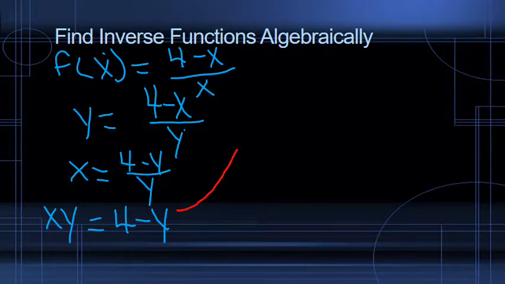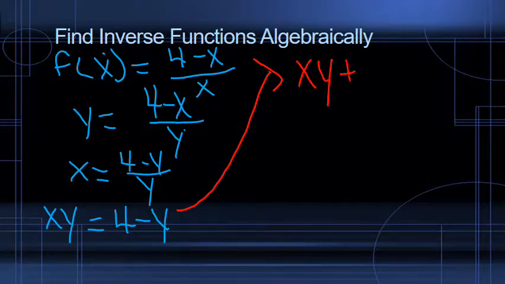Let's just take this up here so we don't run out of room. So now I'm going to add y to both sides. So I've got xy plus y equals 4. And I can factor out a y from this left side of the equation right here. So let's do that.